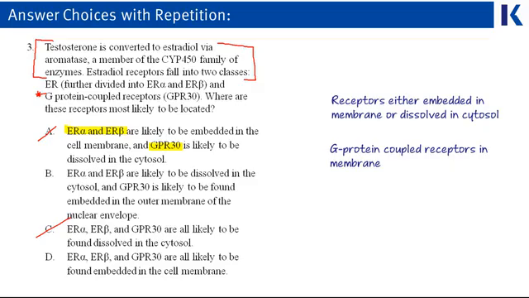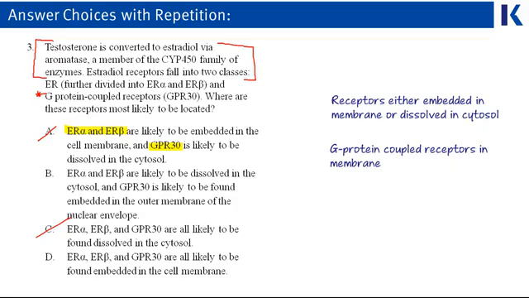In order to determine the location of our receptor, we're going to need to know a little bit more about the hormone in question. You may recognize estradiol as a steroid hormone, but if you didn't, they gave us a clue in the very first sentence where they say that testosterone is converted to estradiol. We should know that testosterone is a steroid hormone, and that if it is converted to estradiol, that estradiol is most likely a steroid hormone as well.